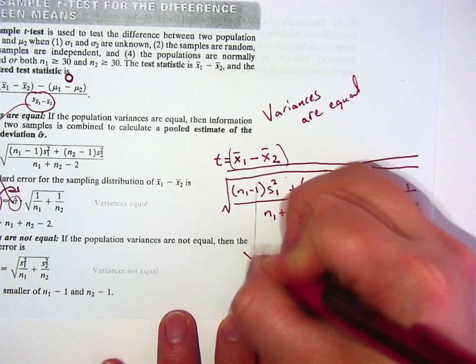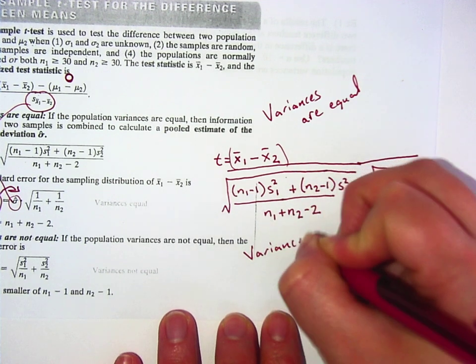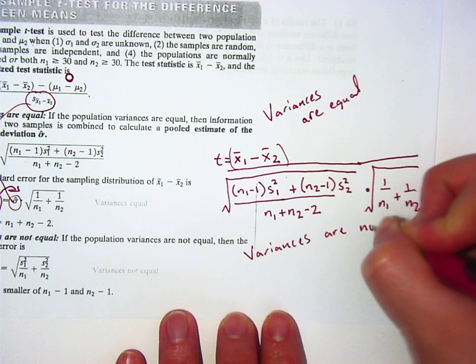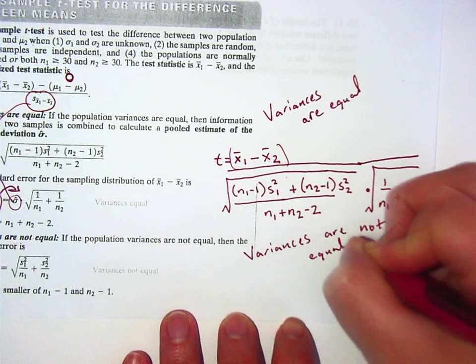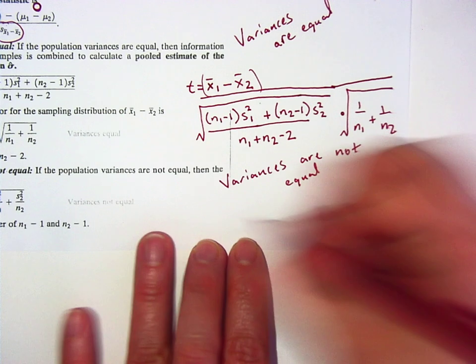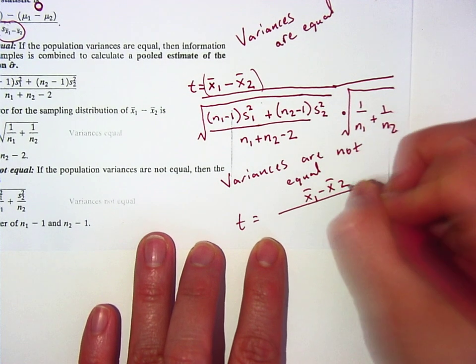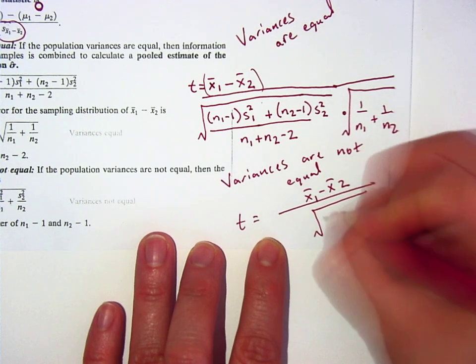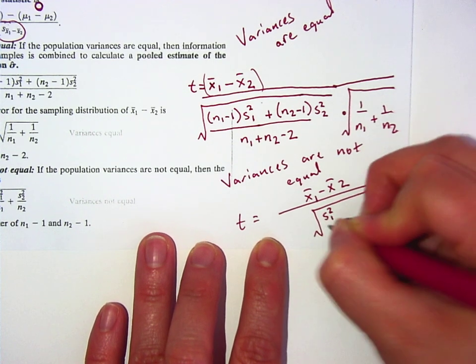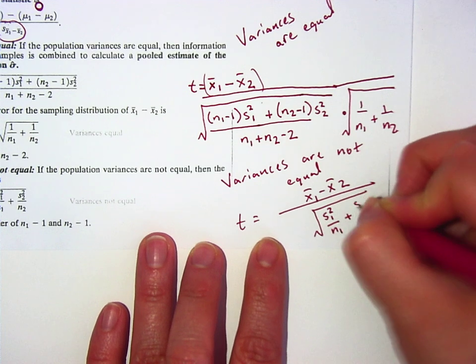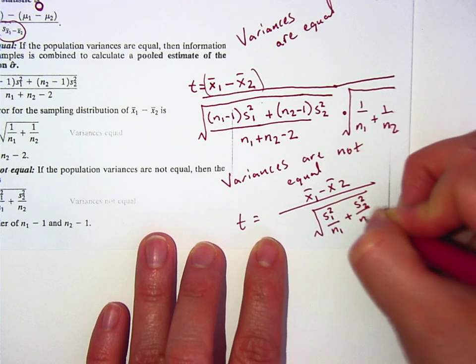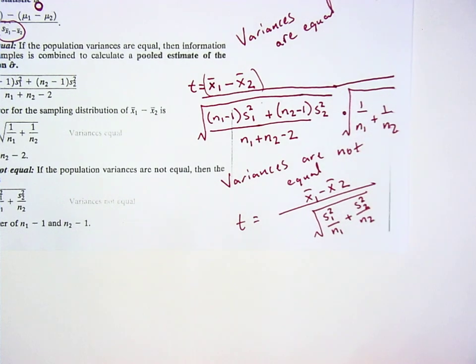If the variances are not equal, you use a much simpler formula, which is t equals x bar 1 minus x bar 2 over the square root of s1 squared over n1 plus s2 squared over n2. That's like what we did yesterday. Yes. But you just use the s's and use a t-chart if the variances are not equal. If the variances are equal, use that horrible formula.